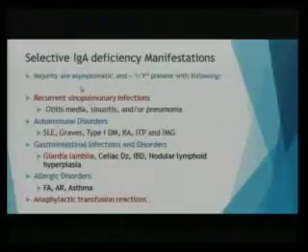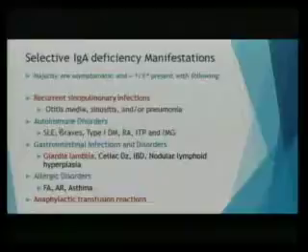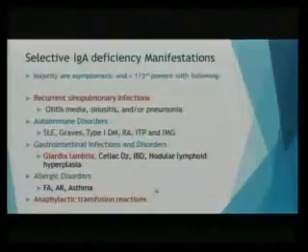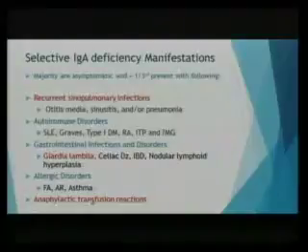If they do, they get the same recurrent sinopulmonary infections. They can also have autoimmune disorders, such as lupus, Graves, and RA, and again Giardia causing diarrhea. The other big thing is that when they have anaphylaxis after transfusions, sometimes they have anti-IgE antibodies that subsequently cause the anaphylaxis.